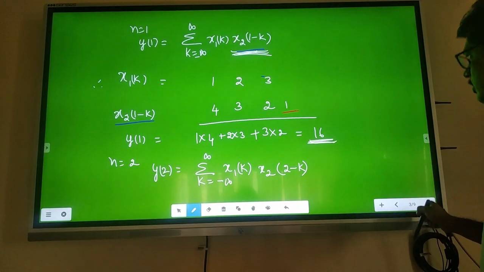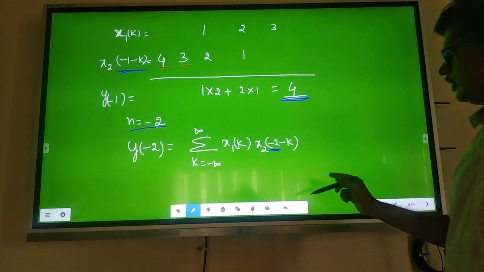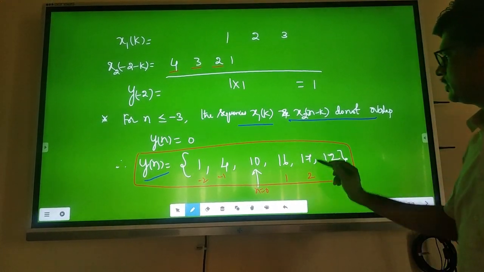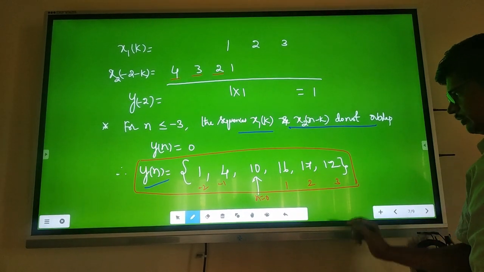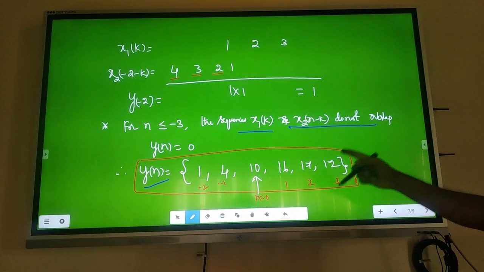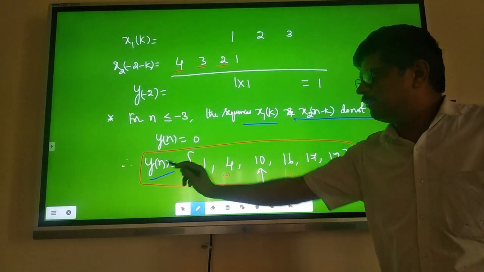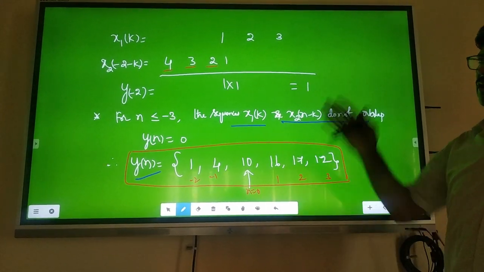Then 16, then 17, then 12. That's what I am writing. For example, 10, 16, 17, 12: at 0 it is 10, at 1 it is 16, at 2 it is 17, at 3 it is 12. This is how you will get the output of the LTI system y[n] by using the second method, the multiplication method.